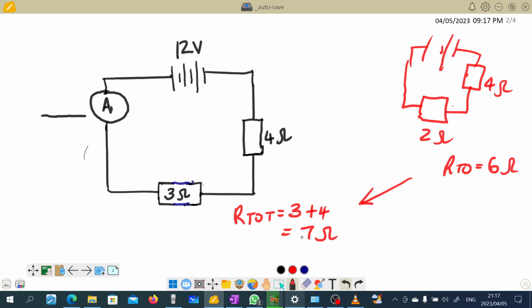In other words, R total is increased. So if R total is increasing, what's going to happen to A1? A1 is going to decrease. How do we know that? Let me show you how we know it's going to decrease.